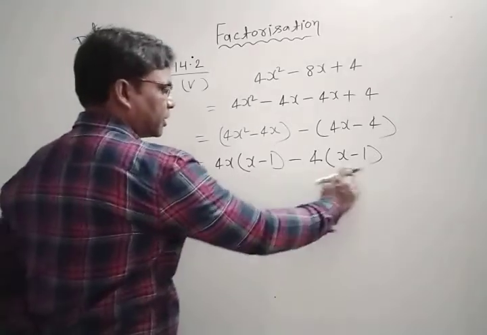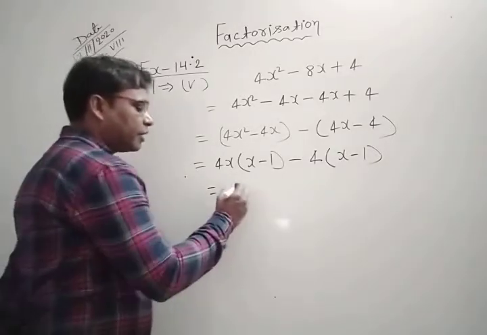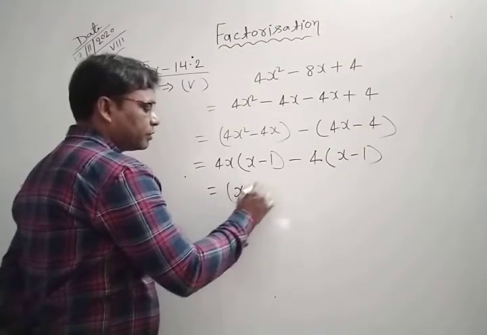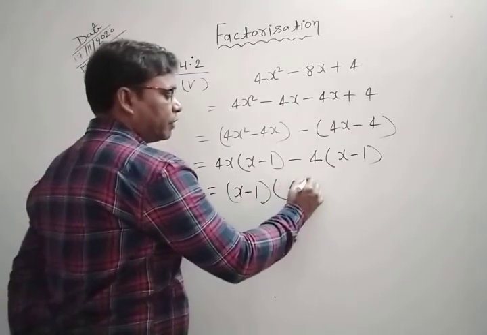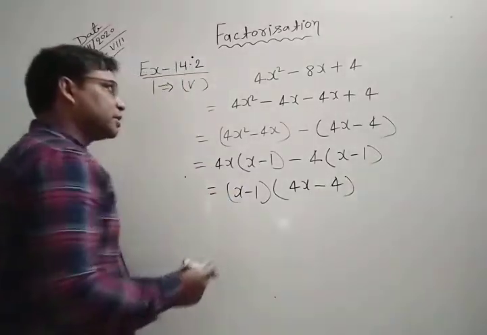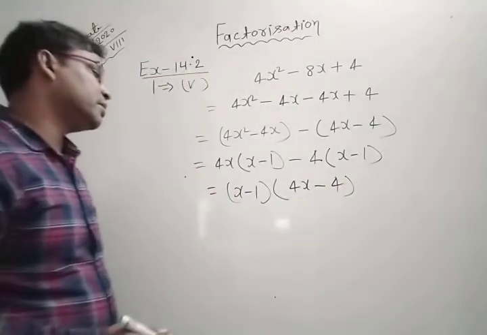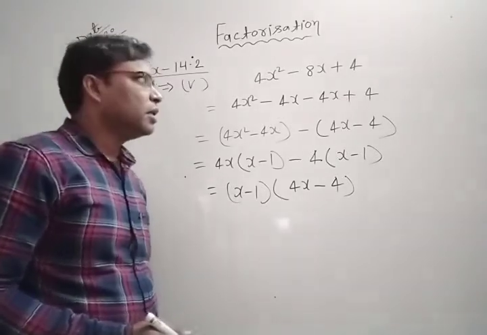This is the first term, this is the second term. So you can write here x minus 1 into, here we have 4x minus, this is a 4. So this way you can see, you find the factorization of the given algebraic expression 4x square minus 8x plus 4.